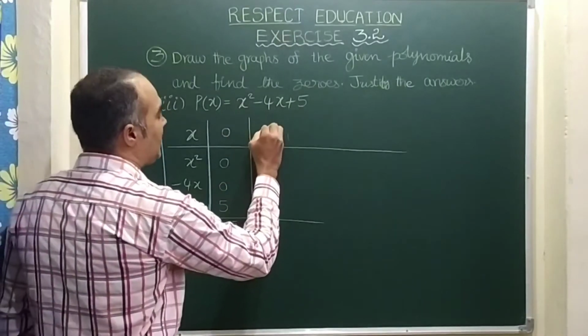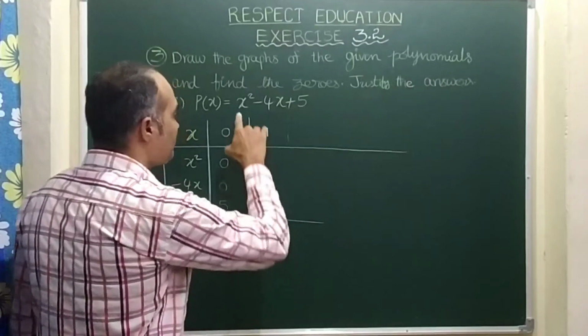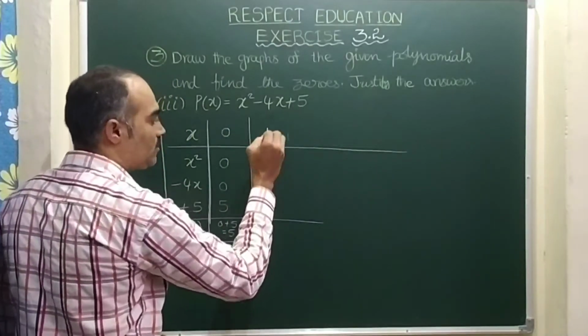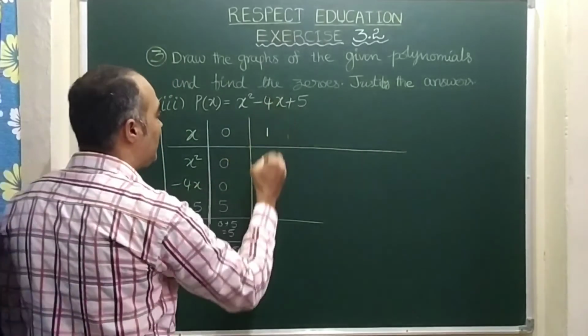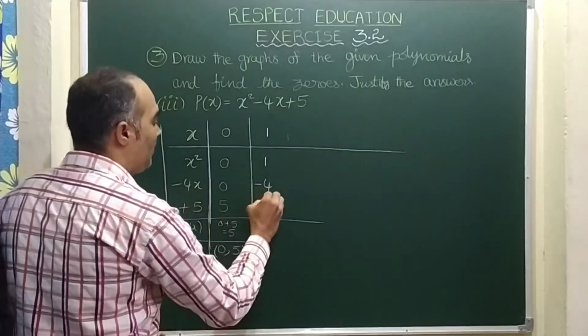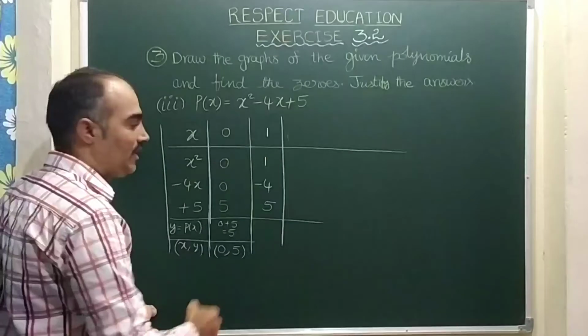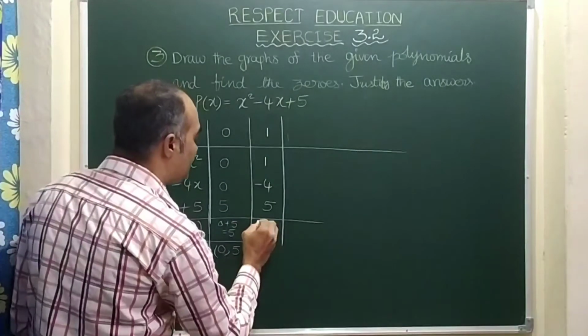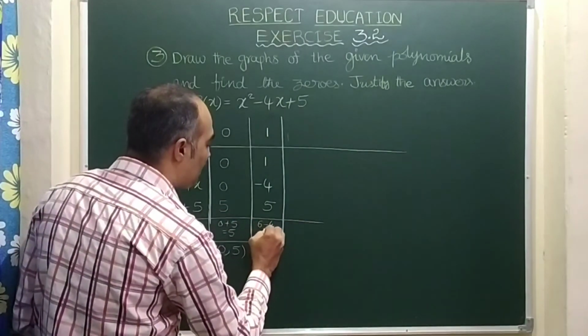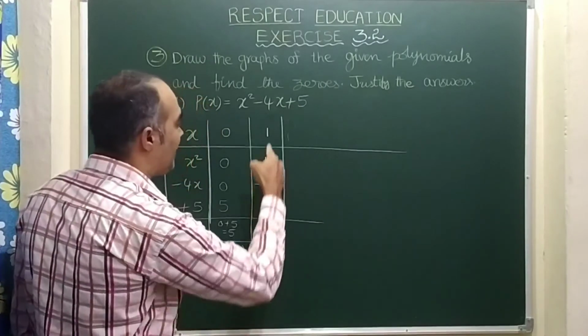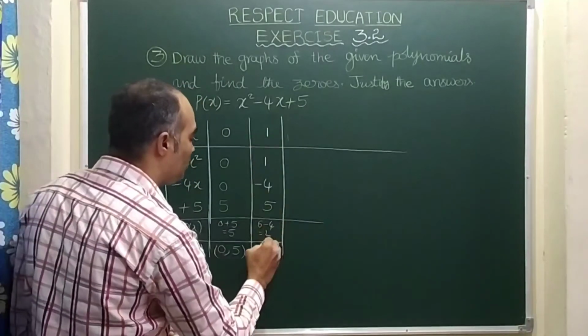Now let us take x as 1. 1 square is also 1. Minus 4 into 1 is minus 4. I am writing 5 as it is. Now let us add these values. 1 plus 5 is 6, 6 minus 4 is 2. Now x comma y means 1 comma 2.